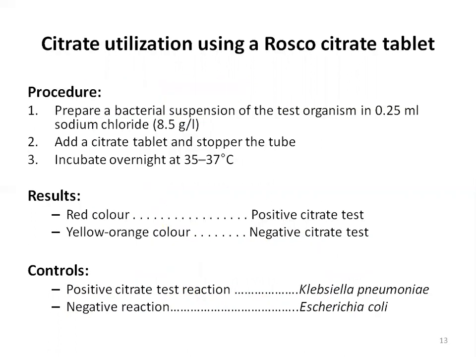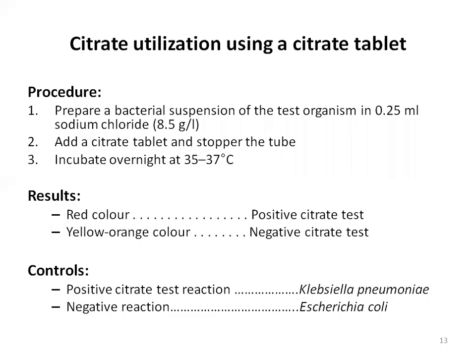Now moving towards the details of this procedure. First, we will focus on citrate utilization using a citrate tablet. What you will be doing? First, you will prepare a dense bacterial suspension of the test organism in 0.25 ml of sterile saline solution in a small tube.